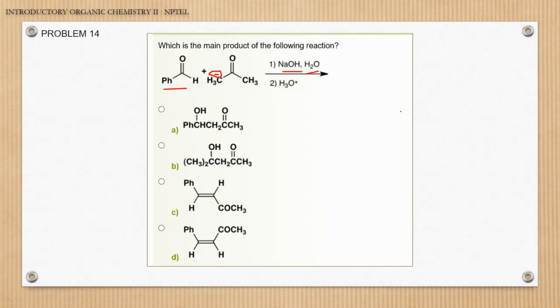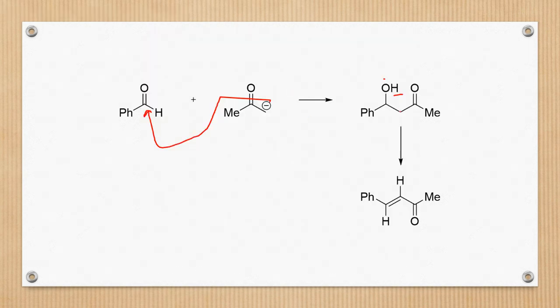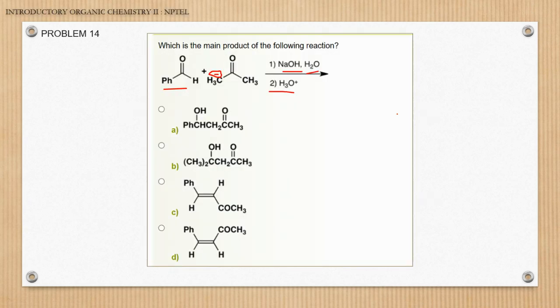The second step is hydrolysis, which means a dehydration step has to be done, and you will get a double bond at this position.